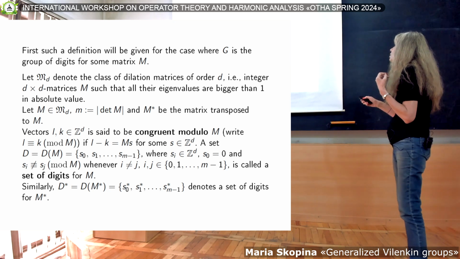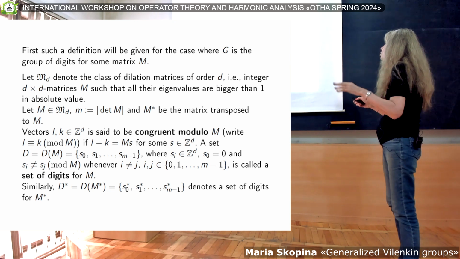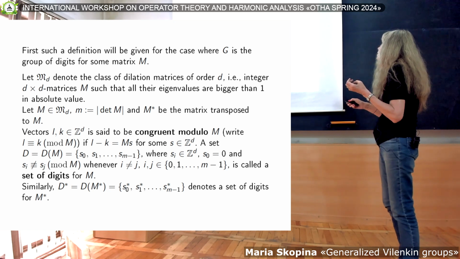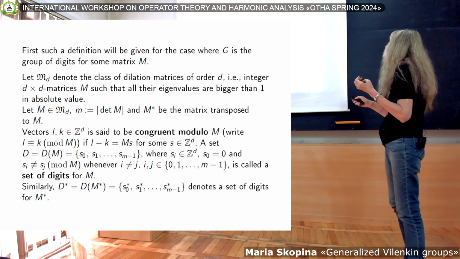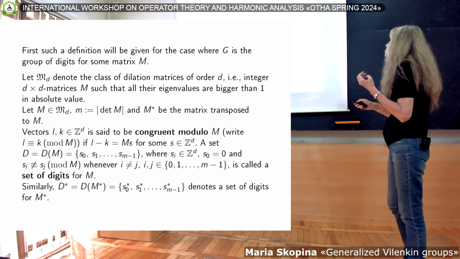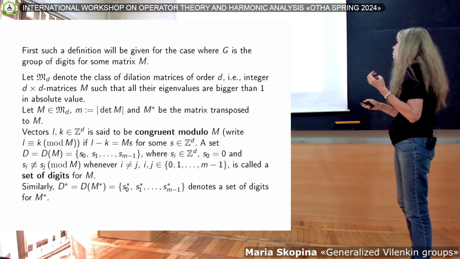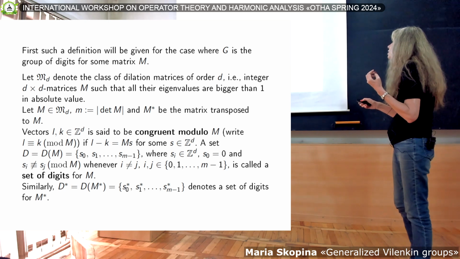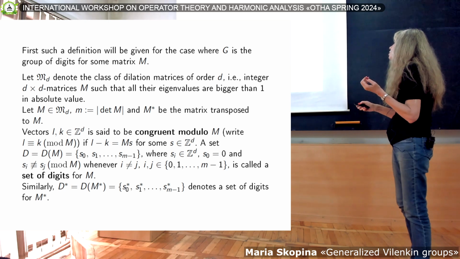So Z^d is split into cosets corresponding to this congruence relation, and we choose arbitrary representatives from each coset, and this is just a set of digits.